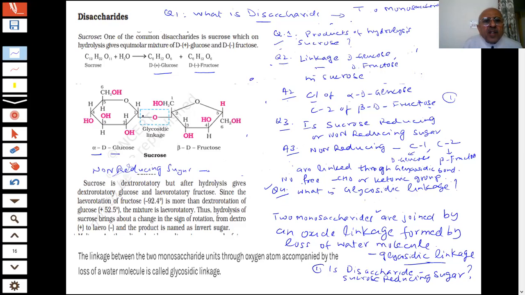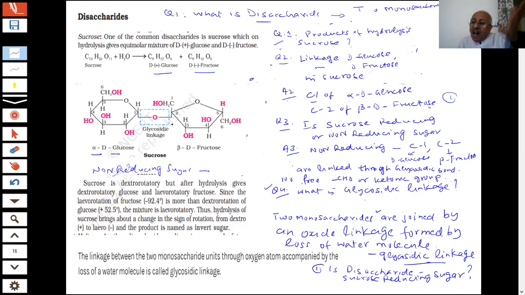This oxygen you see, how is it formed? The OH of this and the OH of this combine, water is lost and this is the oxygen. So there is an oxide linkage between the two monosaccharides with the loss of water. This is called glycosidic linkage.